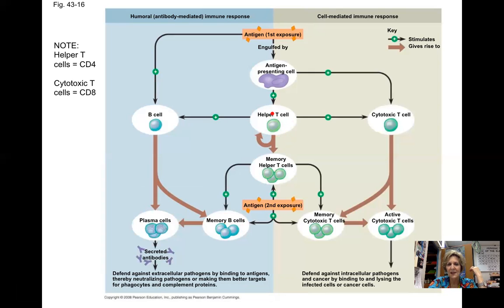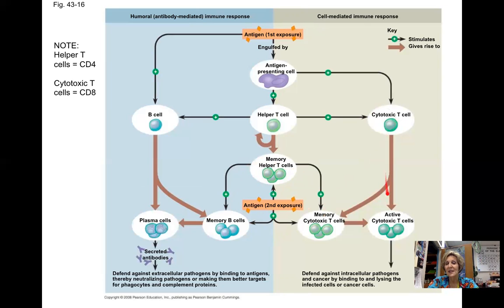The helper T cells also can develop into memory helper T cells with the memory of that exposure from the original antigen presenting cell. And they can also help to activate the memory B cells and the memory cytotoxic T cells, those memory cytotoxic or killer T cells, when there is a second exposure to the antigen.